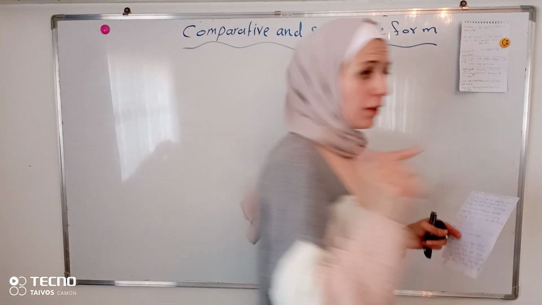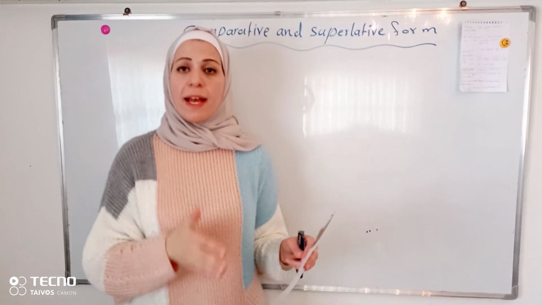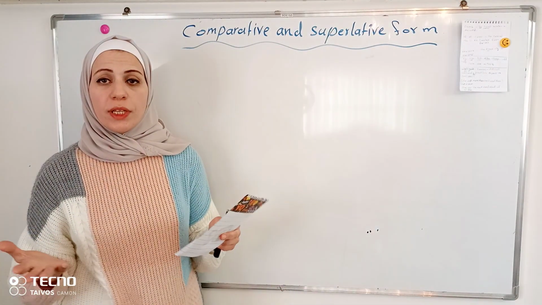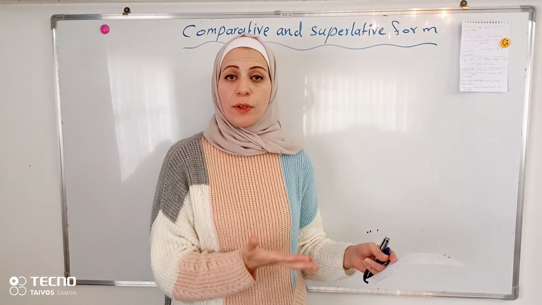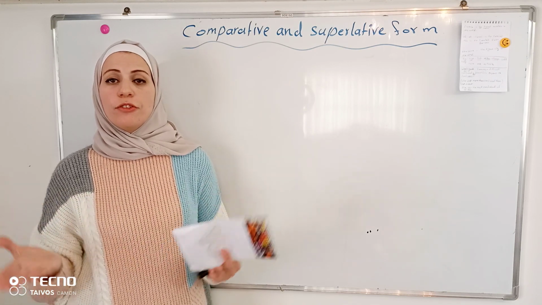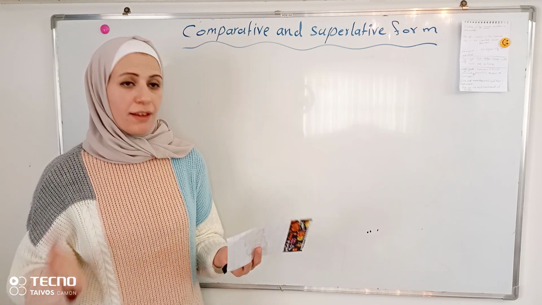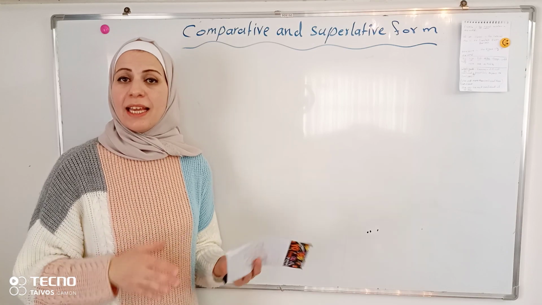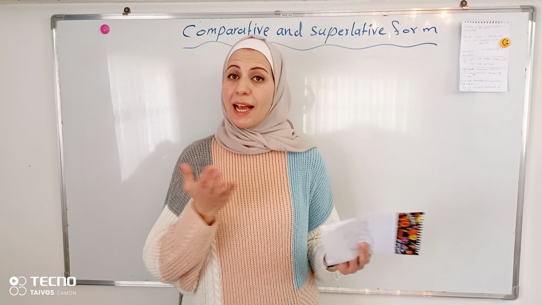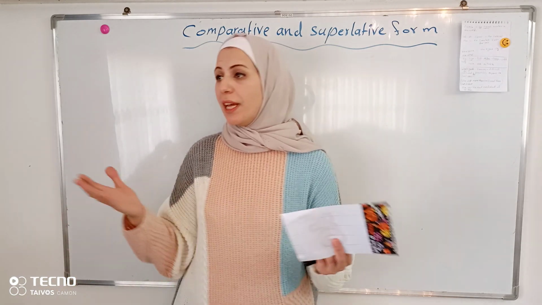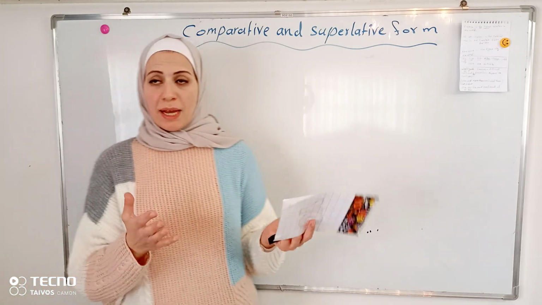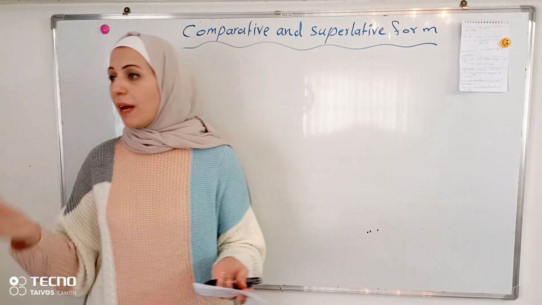First, when we use comparative and when we use superlative form: we use comparative to compare between two things or two people. When do I use the comparative form? When I want to compare between two people or two things. For example, Ahmad is clever than Ali. Here I compare between Ahmad and Ali. Or I compare between two books, for example, between a science book and math books.